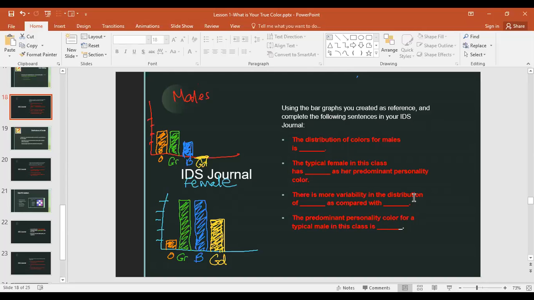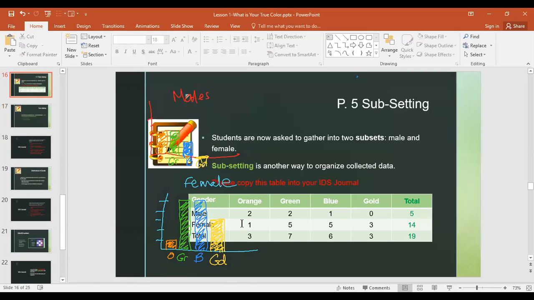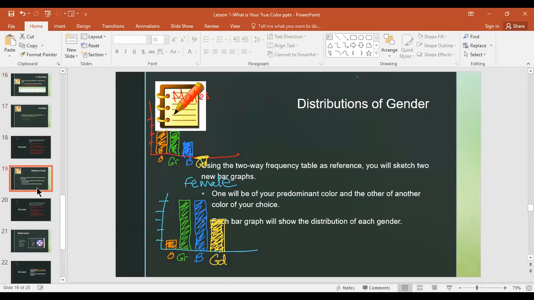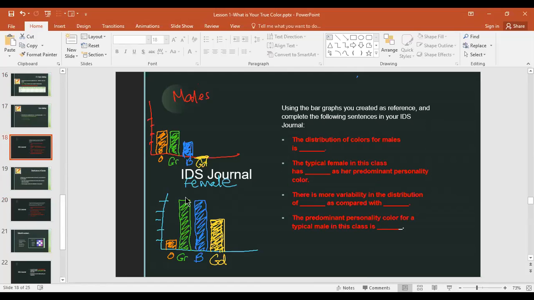In this case, there is more variability in the distribution of females as compared with males, because there is more data in the female graph, and all 4 colors are represented in the female.